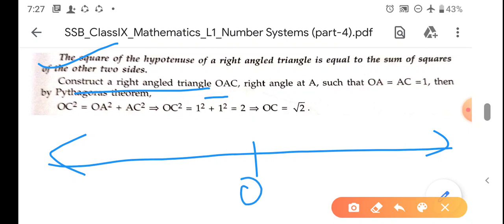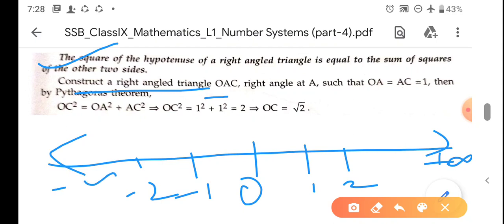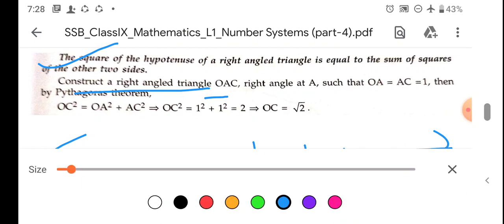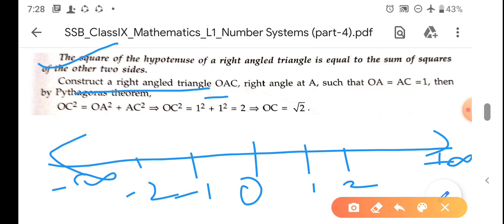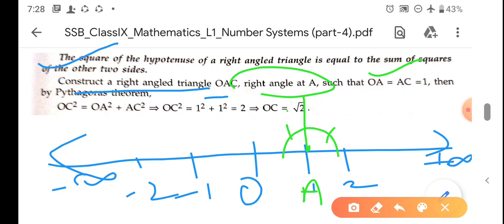This is O, and this is the number line: 1, minus 1, 2, minus 2, positive infinity, minus infinity. We take OA, let this be A, and we draw an angle of 90 degrees at A. Either you can take help of a compass or you can use your set square.